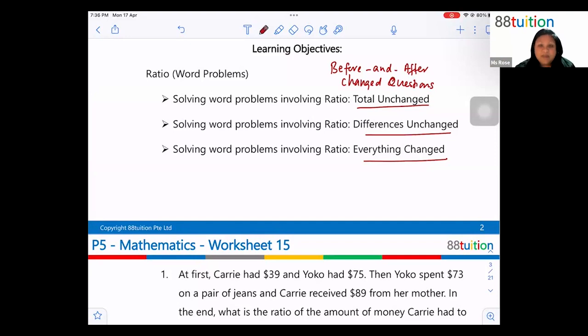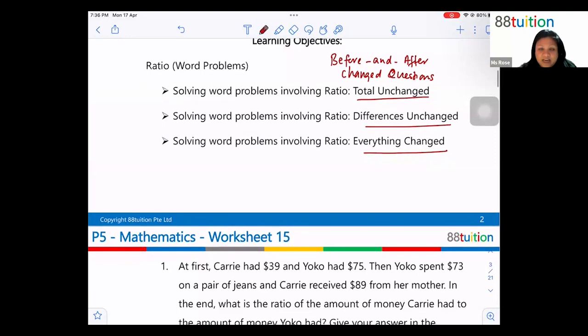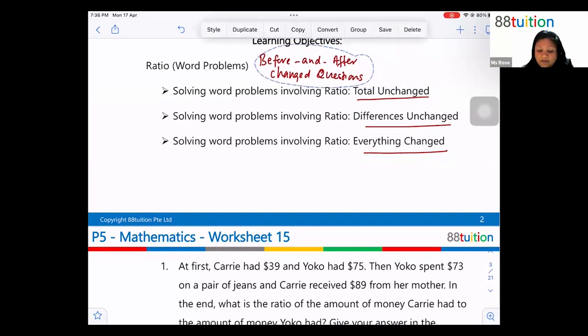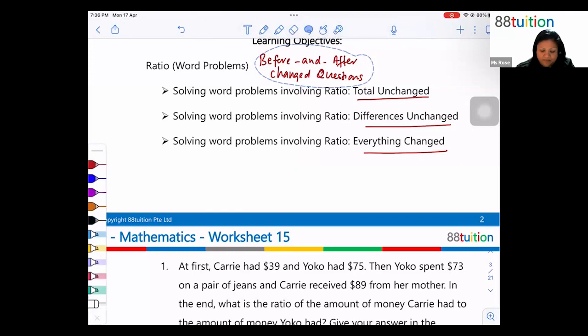Now, when we say total unchanged, what kind of questions involve total unchanged? Anyone?